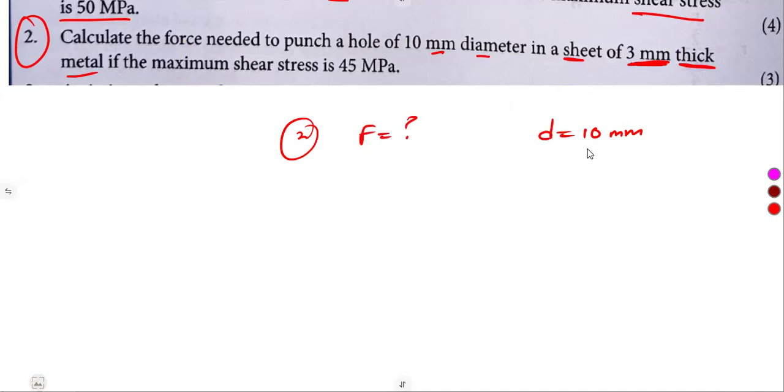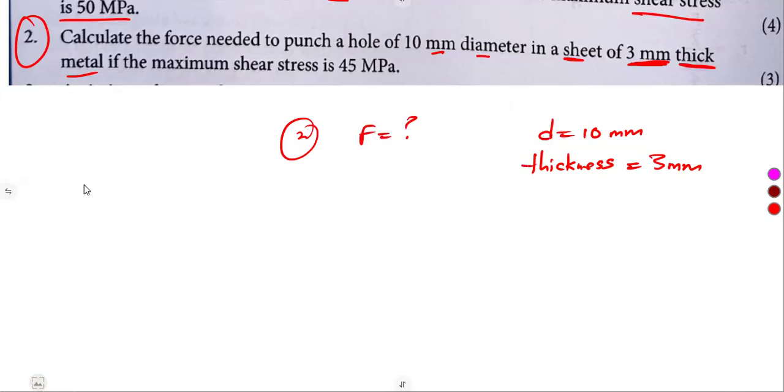That is the part now. There is a thickness this time, which is 3 millimeters. When we are given a thickness, this is the idea, because what we need is the area.